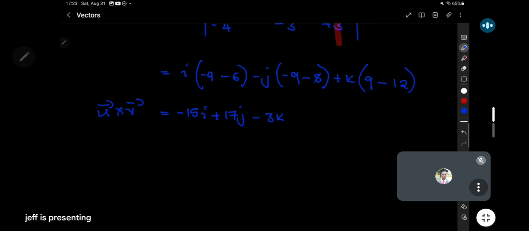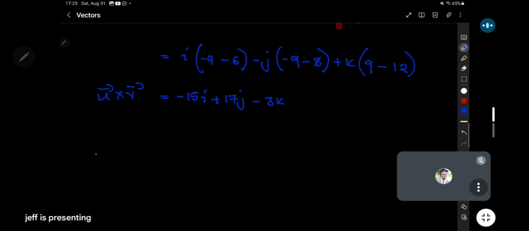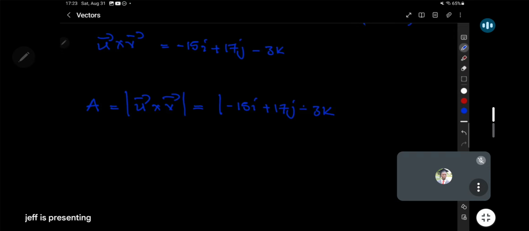Since we now have U cross V, we know our area will be U cross V, but just the magnitude. So we now want to get the magnitude of this vector. How do you get the magnitude?